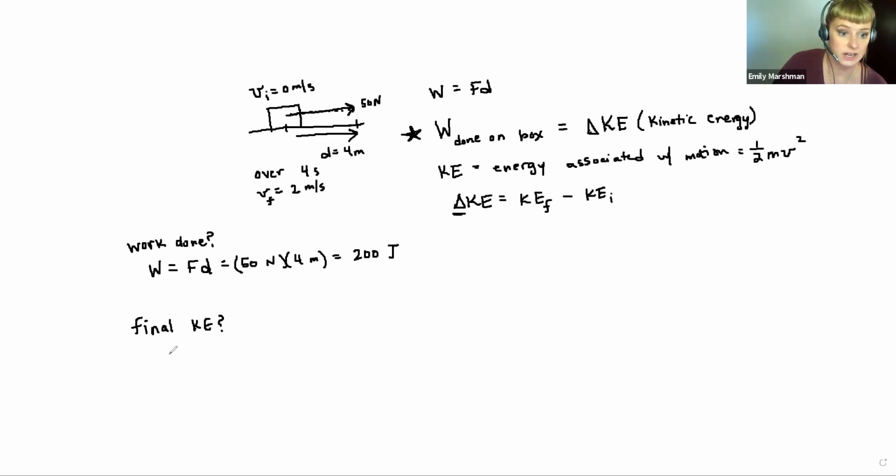The final kinetic energy is 1/2 m times the magnitude of the final velocity squared. And by the way, the mass of the crate is 100 kilograms.